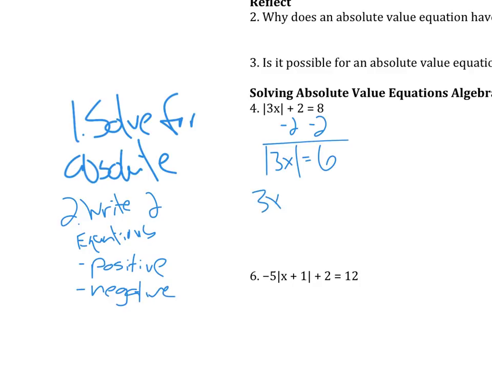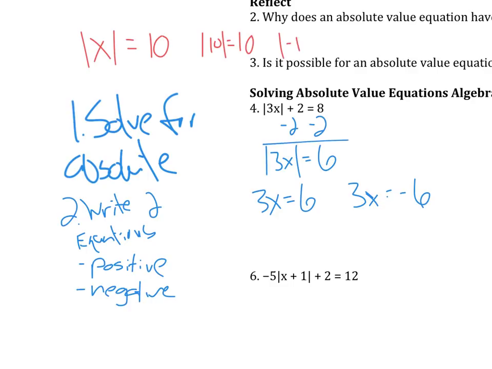So 3x equals 6, and 3x equals negative 6. Now, a quick refresher of why that is true. So if I do a basic absolute value of x equals, say, 10, I know the values that I can substitute in for x are positive 10, because absolute value of 10 equals 10. And the absolute value of negative 10 is positive 10 as well. So that's why I have those 2 equations.